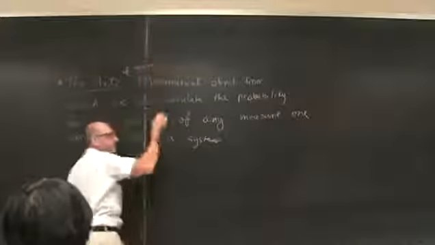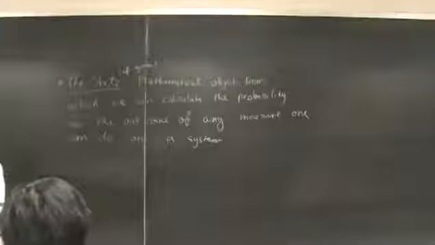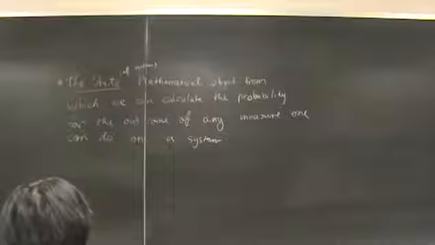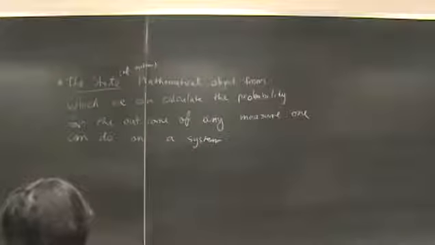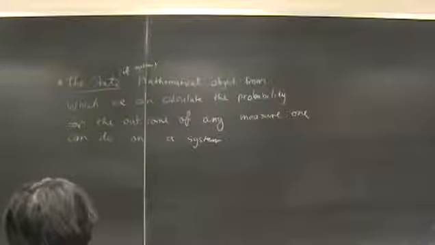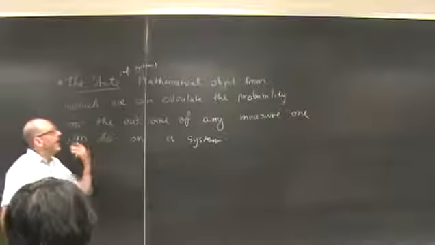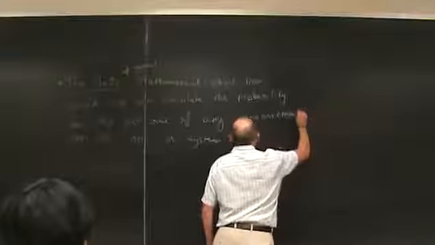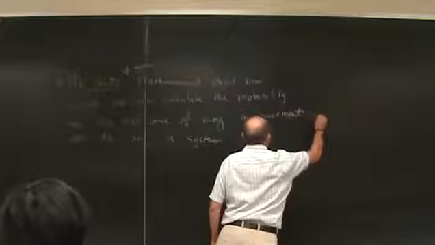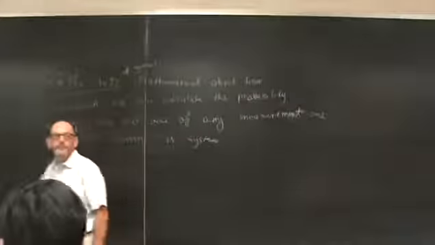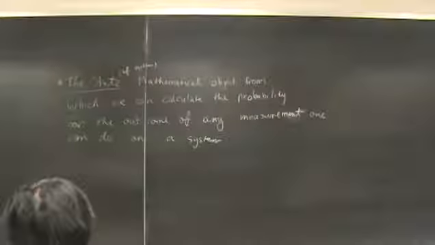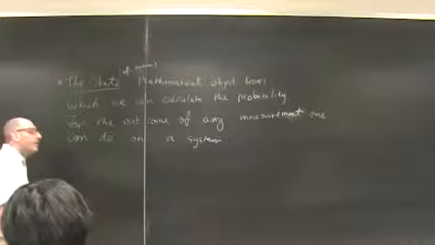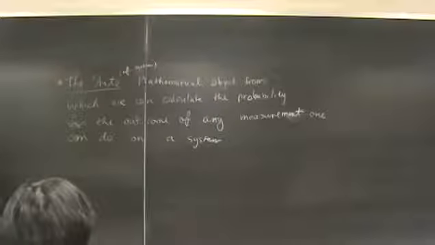There's some physical thing we're calling the system, and to it we assign a state. A state is a mathematical object, and we use it to calculate the probability for any measurement one can do.